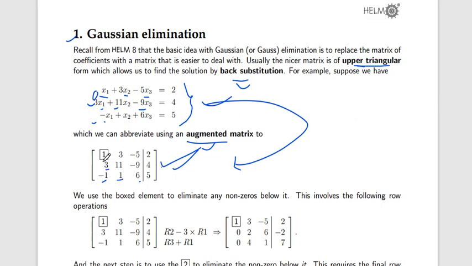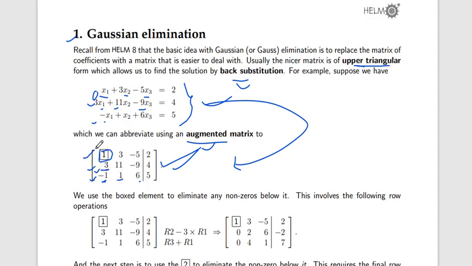First of all, take the first row, first column element, and we want to convert the non-zero elements below it into 0.